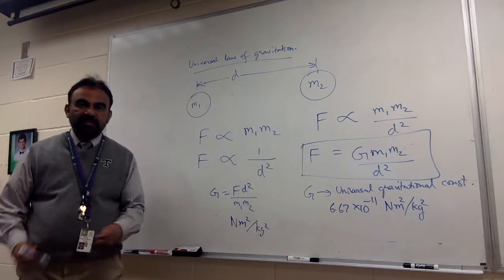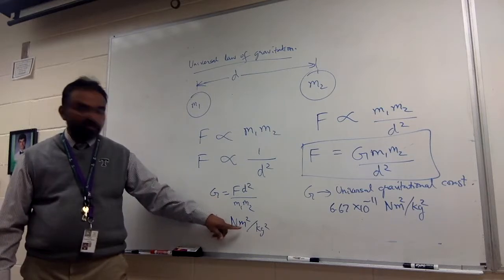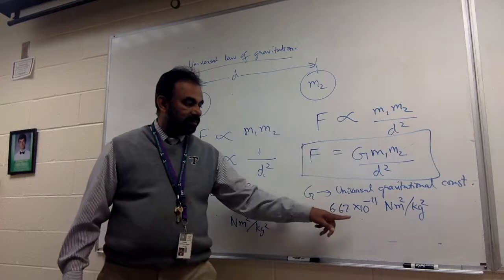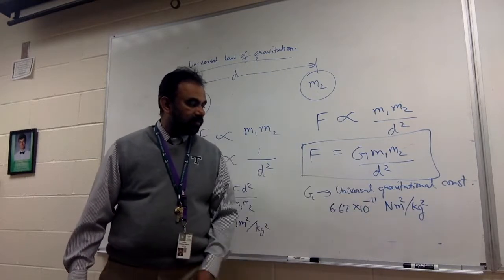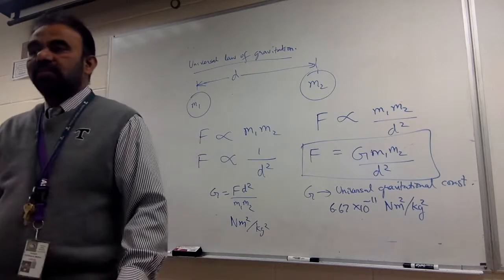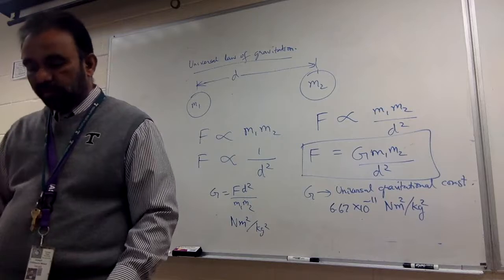That's how the unit is like that. The unit of G is Newton meter squared per kilogram squared. So I wrote this unit; it comes from that equation. So this 6.67 times 10 to the power negative 11 is a number that is the same across the universe, anywhere.